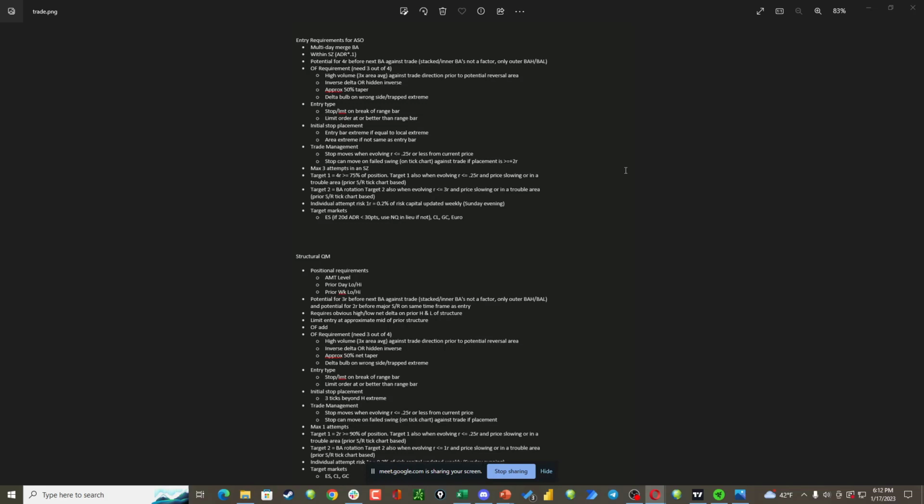Is AMT based. So some of the ideas that we all discussed in there will flavor this one a bit. Got it. So there's this idea of multi-day merge of balance area or value, and then when price is coming in or leaving one of those, there's an idea of a strike zone.